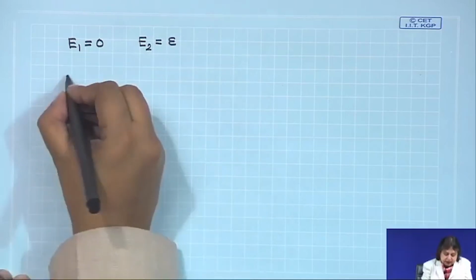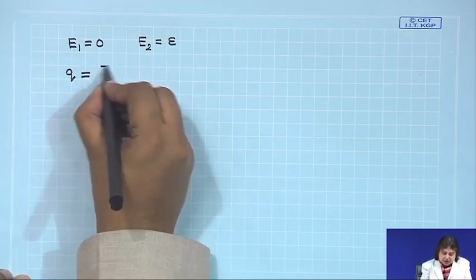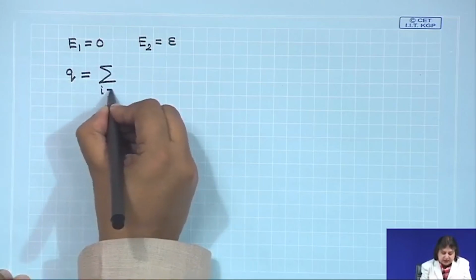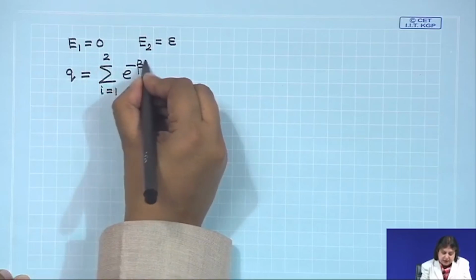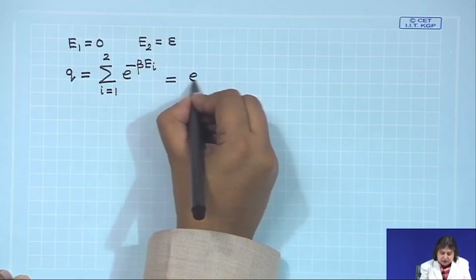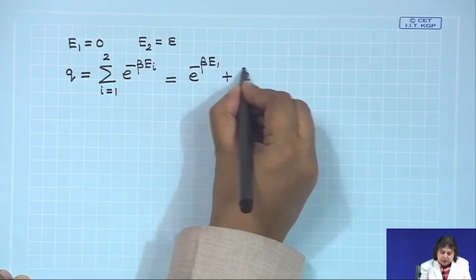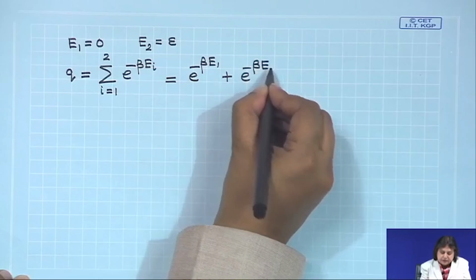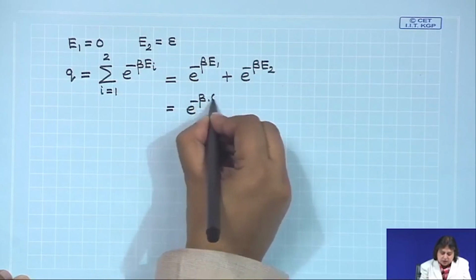So, once again, if I write down the single particle partition function for this system, I will say that this is equal to the sum over i equal to 1 to 2 of e to the power of minus beta Ei. So, as before, I am going to write it as e to the power of minus beta E1 plus e to the power of minus beta E2. Now, I put the values of E1 and E2.